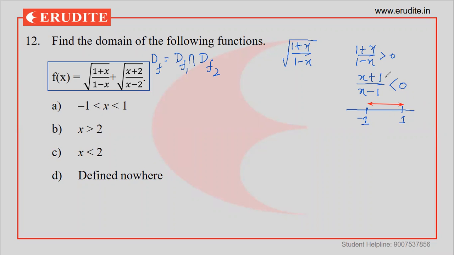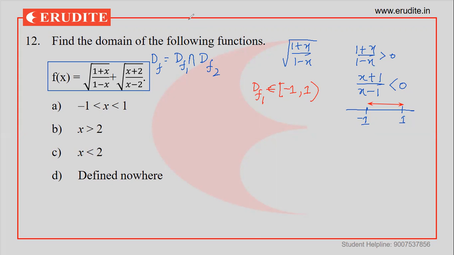If I attain minus 1, it would be 0, which is okay. But if I attain 1, it would not be okay. So for the domain of function 1, x belongs to minus 1 to plus 1, with plus 1 excluded and minus 1 included.